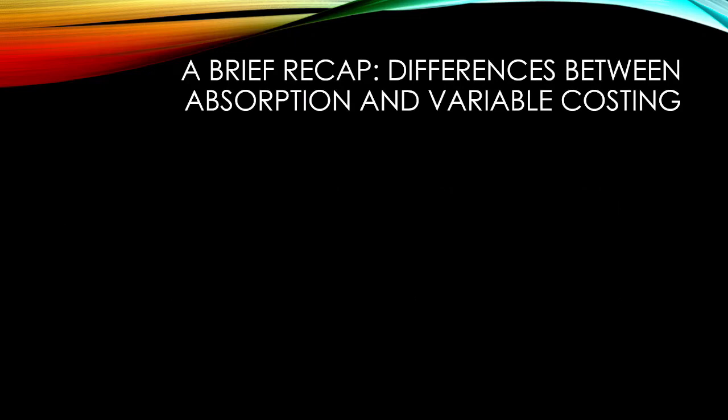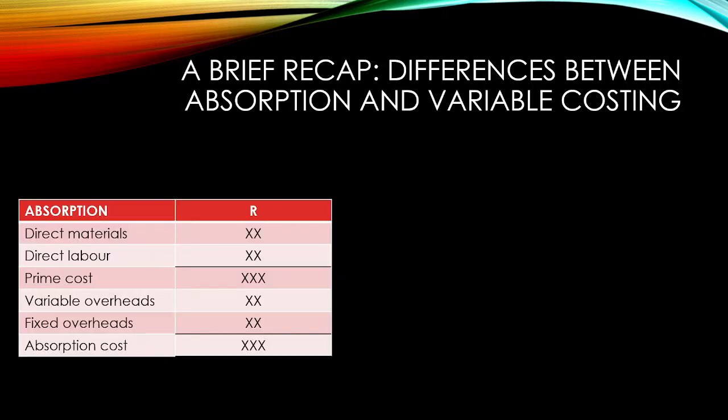Let us begin by comparing the per unit calculation between absorption and variable costing. You should remember from our previous videos that absorption costing takes into account all costs involved in the production process. This includes direct materials, direct labor, variable manufacturing overheads, and fixed manufacturing overheads.